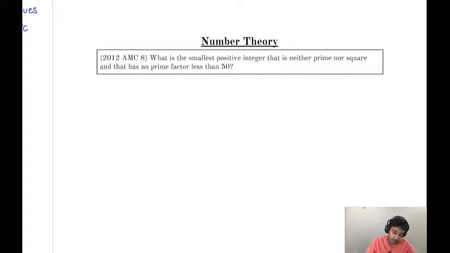What is the smallest positive integer that is neither prime nor square and has no prime factor less than 50? If it has no prime factor less than 50, its prime factors must be numbers more than 50. The prime numbers more than 50 are 53, 59, etc. We want a number that's not prime, so we cannot just have 53.